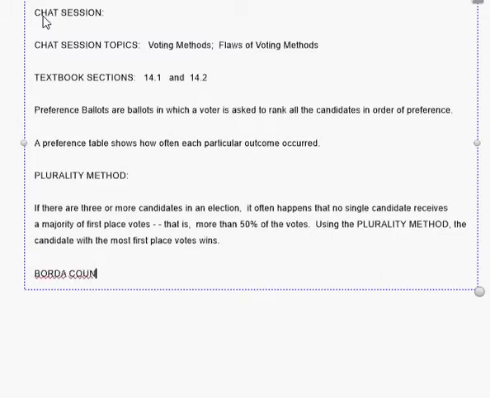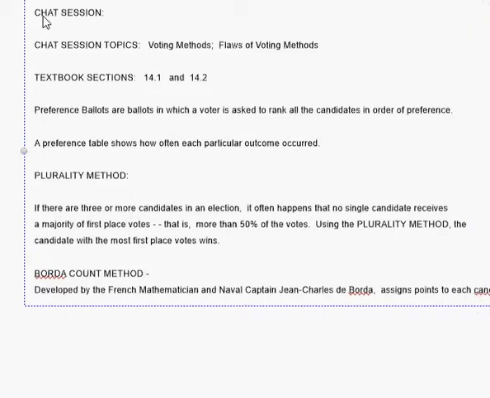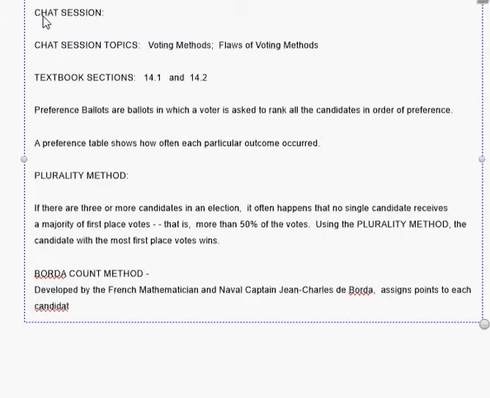Borda count method, developed by the French mathematician and naval captain Jean-Charles de Borda, assigns points to each candidate based on how they are ranked by voters.